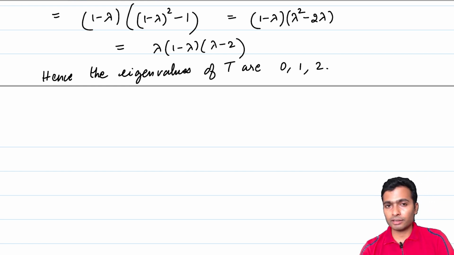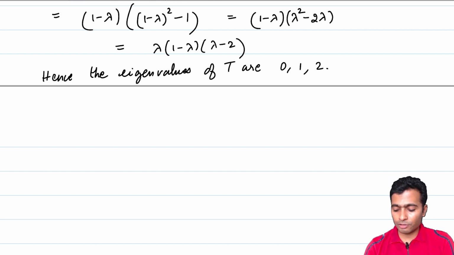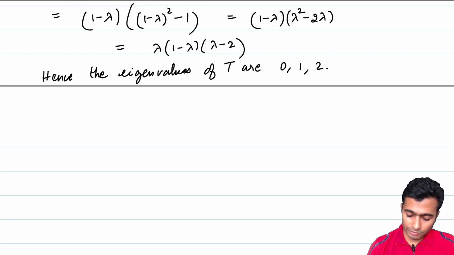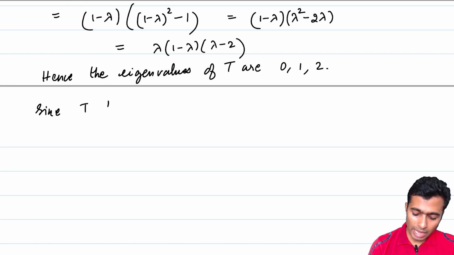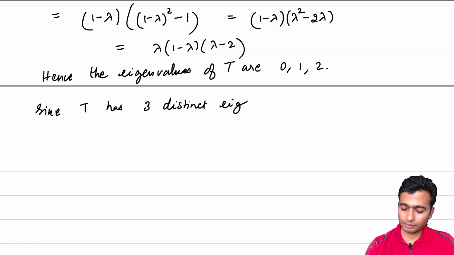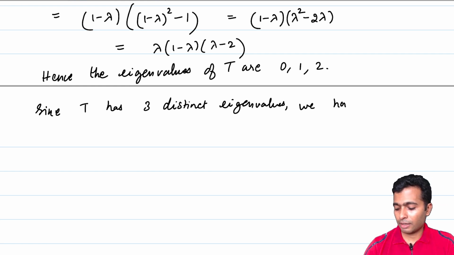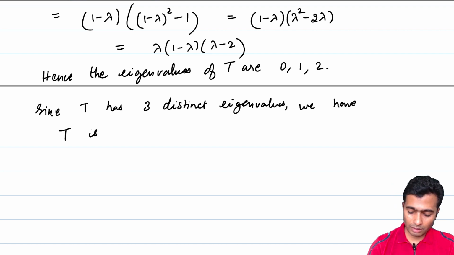So notice that there are three distinct eigenvalues of T, and the dimension of P2 of R is also 3. So I will not even bother calculating the eigenvectors, by invoking one of the theorems we have proved in the lectures. Since T has three distinct eigenvalues, we have that T is diagonalizable.